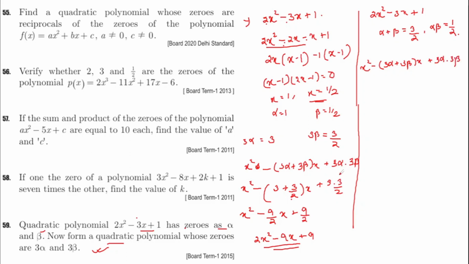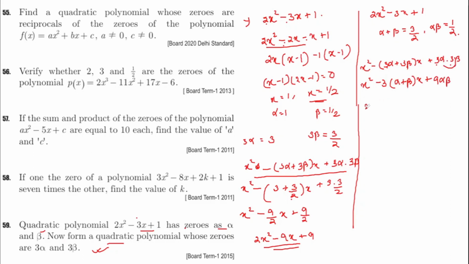Okay, now which we have already written here. Now x square is there, leave it, minus, taking 3 as common, you will have minus 3 into alpha plus beta x, and from here 3 into 3 will give you 9 and alpha into beta will give you alpha into beta.